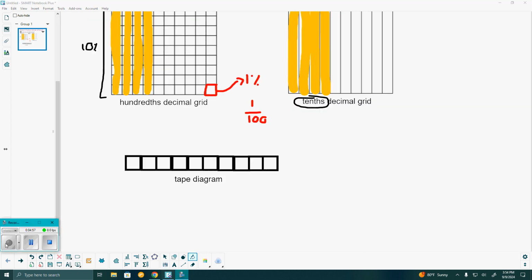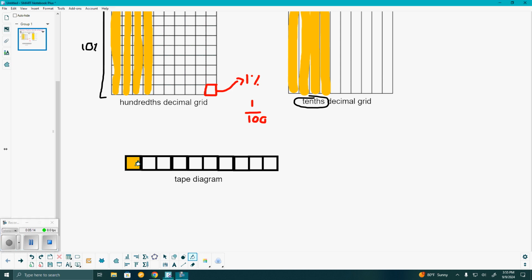Another way to represent our 40% is to use a tape diagram. Now remember, you can only use a tape diagram connected like this when you have a part to whole ratio. And because we do, we can use our tape diagram to represent our 40%.